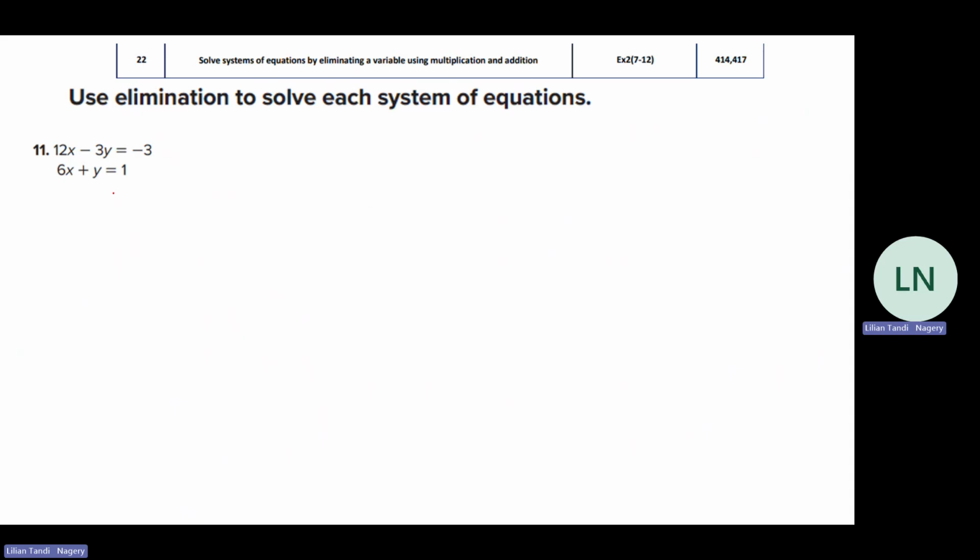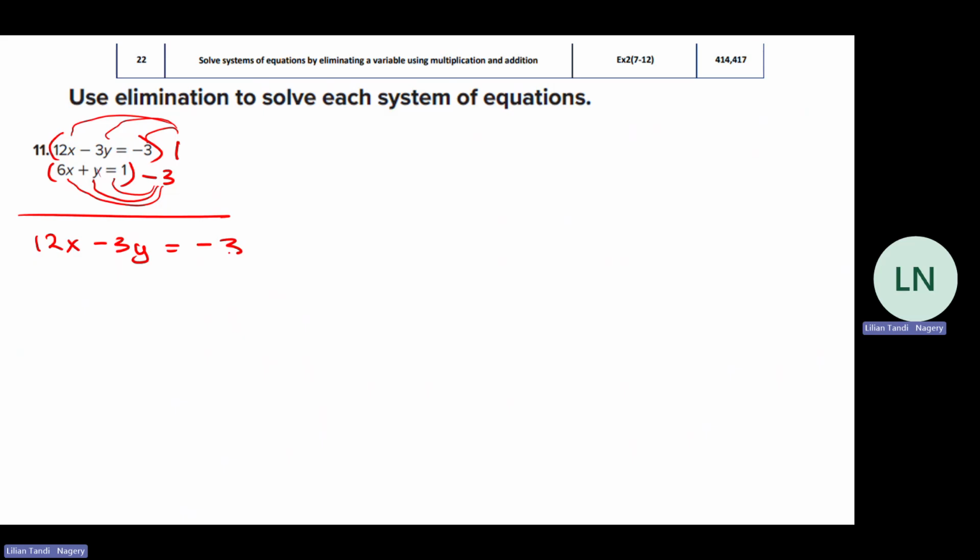Okay. Elimination. Eliminate y. It's easier because we have 1 as a coefficient. Here I will multiply by 1. Here I will multiply by negative 3. I will do that. So this is 12x. This is negative 3y. This is negative 3.